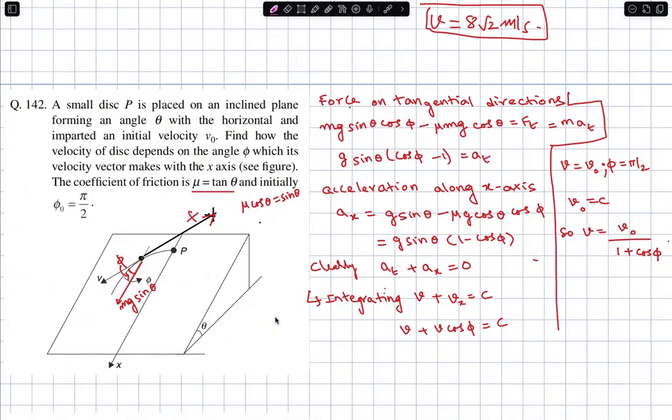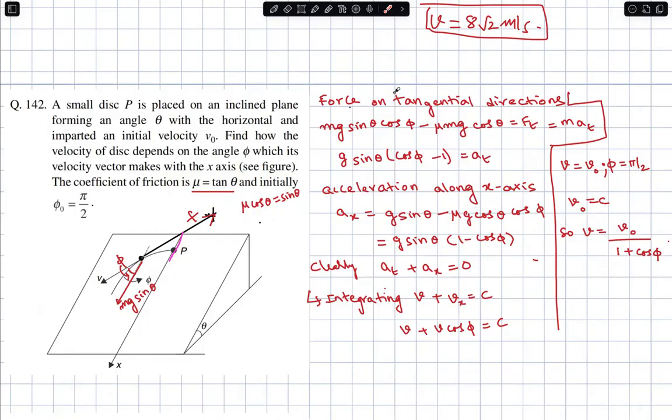Find how the velocity of the disk depends on the angle phi which its velocity vector makes with the x-axis. The x-axis is shown already here. And one more piece of information given: mu is tan theta. So wherever I find mu cos theta, I can write sin theta.